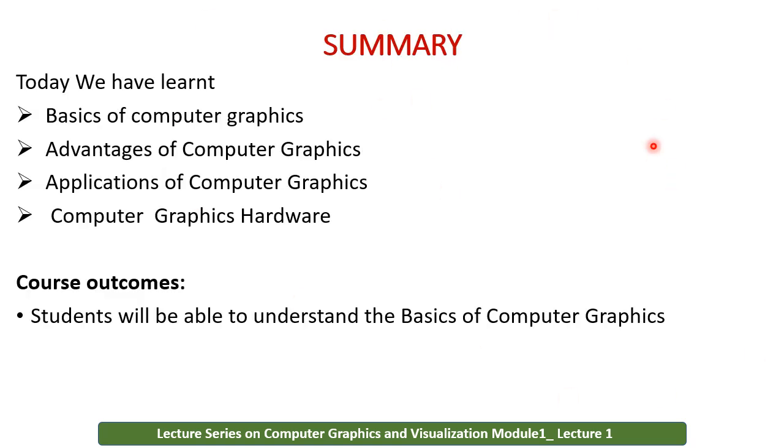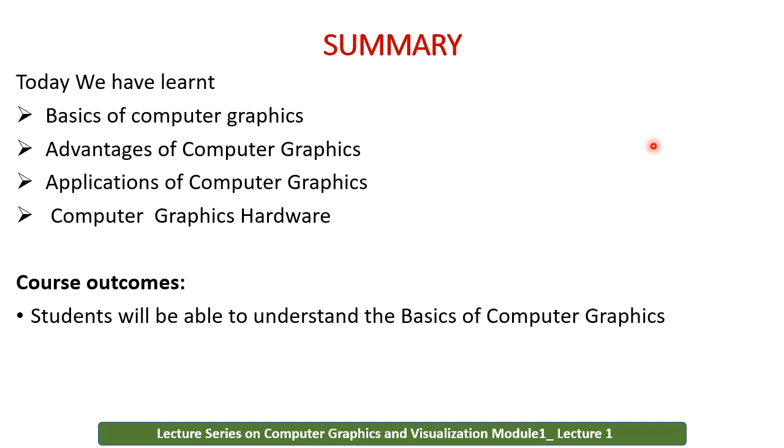With this, we are going to end today's lecture. Today we have studied the basics of computer graphics, advantages and applications, and computer graphics hardware. The main hardware we discussed today is the video display devices.